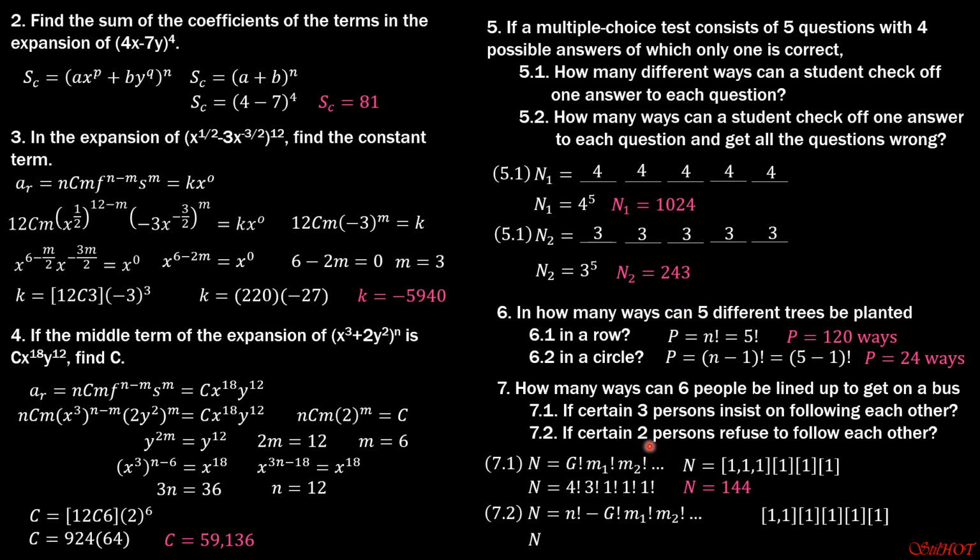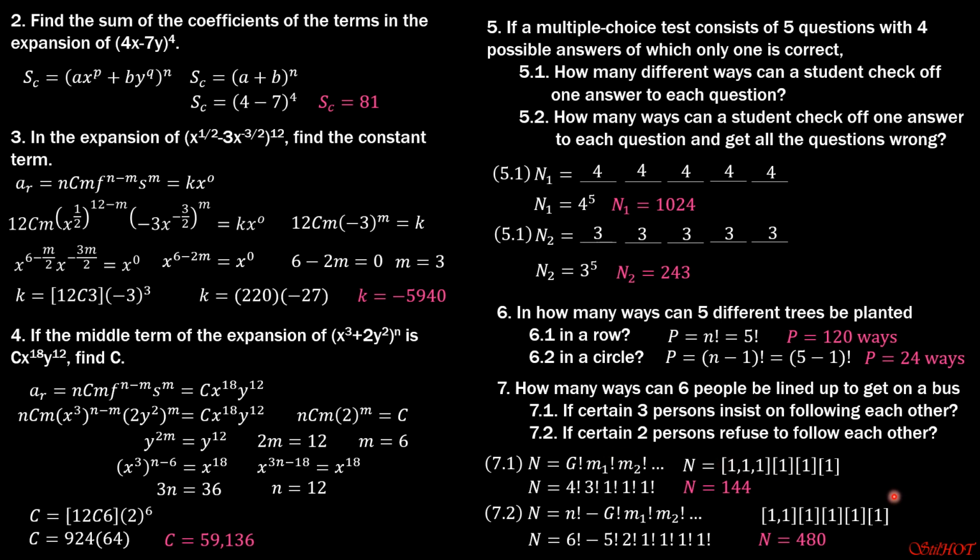But because 2 persons refuse to follow each other, there should be a gap between the 2 persons. The gap may be 1, maybe 2, or maybe 3, or maybe 4. It may be the first one and the last one, the 2.